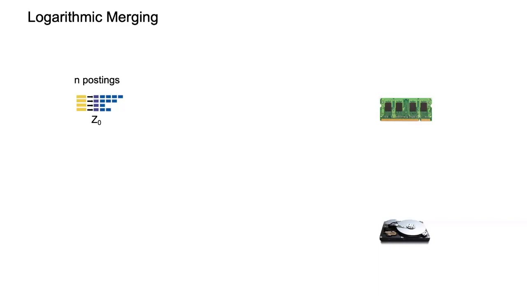So here you go. On the top of the screen, that's what's in my memory. It's the auxiliary index, basically. And at the bottom of the screen, this is what there is on the disk. So imagine that we start afresh. The internet is completely empty. It's 1989, and we start indexing it. And here come the first n documents. So we have our first standard inverted index of the very early internet, Z0, we are going to call it.